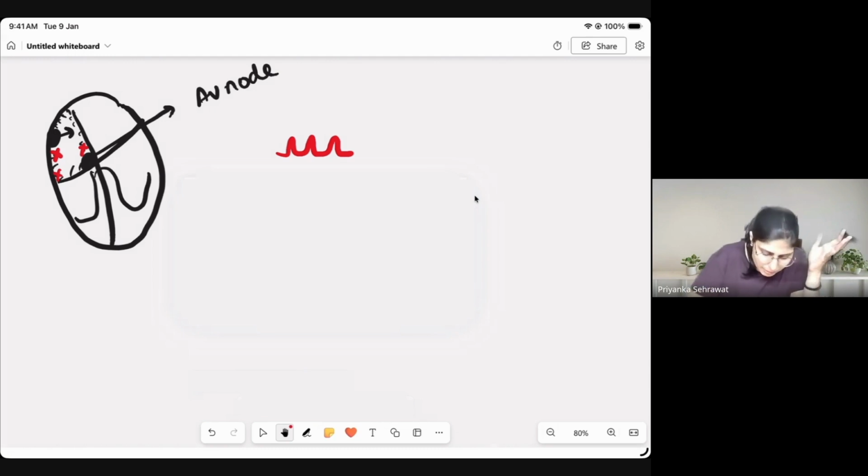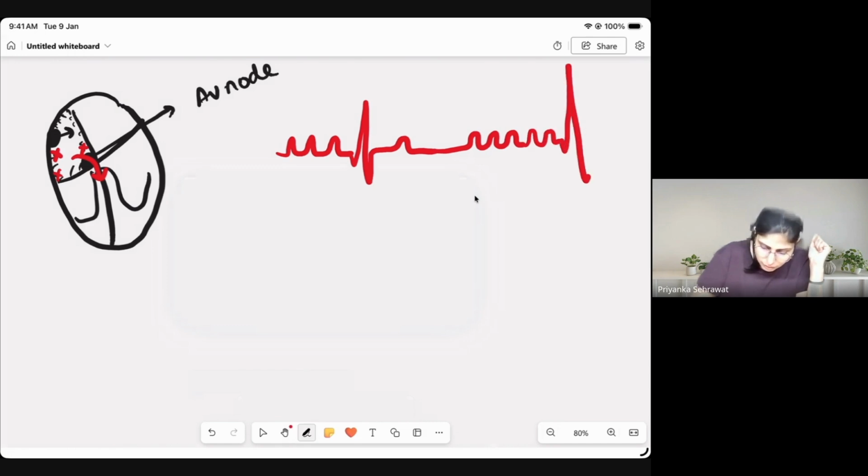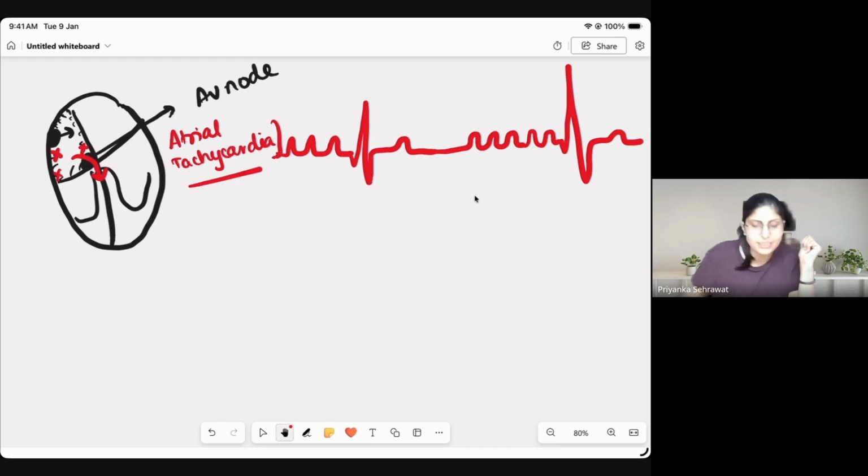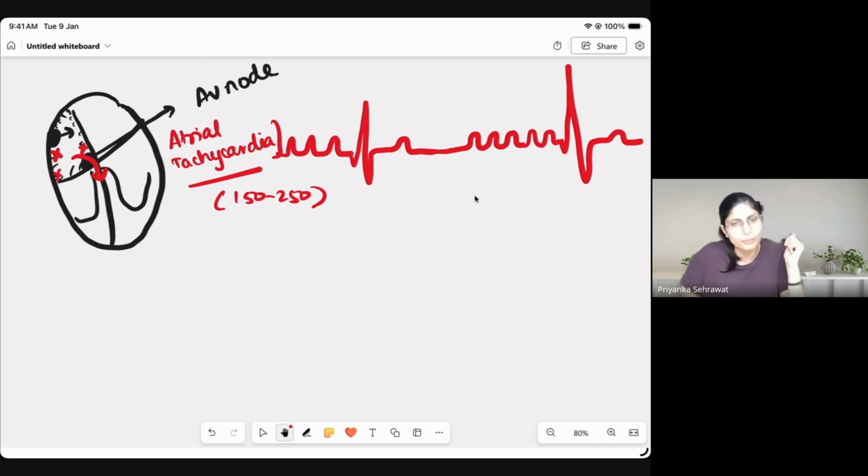After three or four times, some current gets transferred to the ventricle. When that happens, we get a QRS-T complex. And then again, we find multiple P waves and then a normal QRS waveform. What is this? This is atrial tachycardia. Usually happens when few of the atrial myocytes are abnormal. And the heart rate is between 100 to 250.